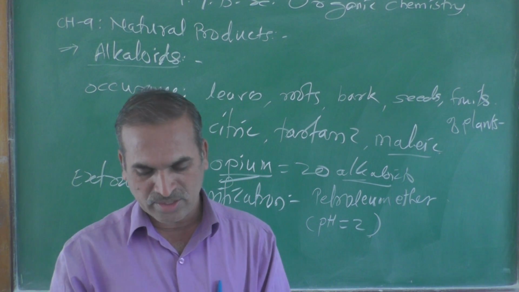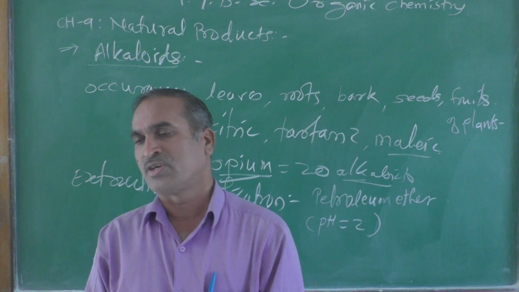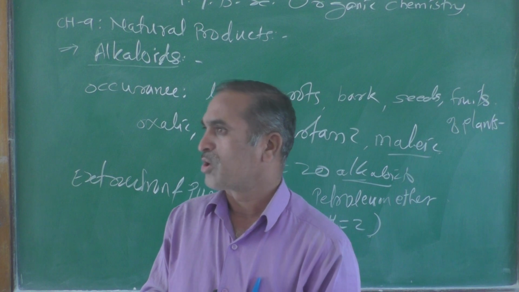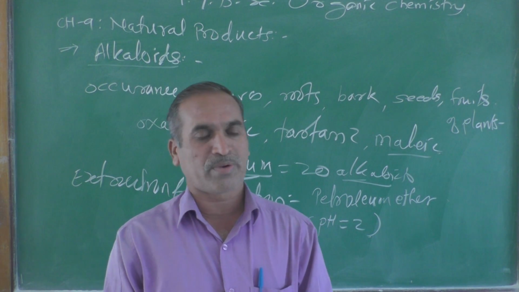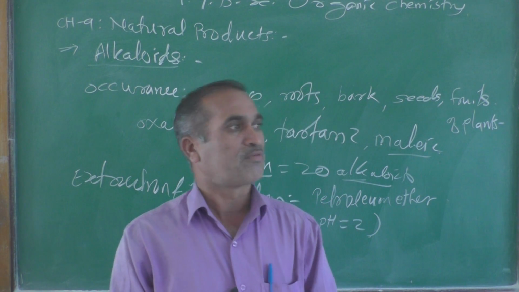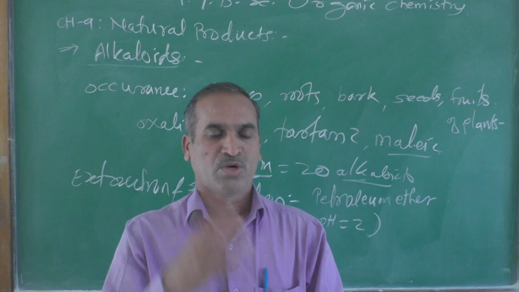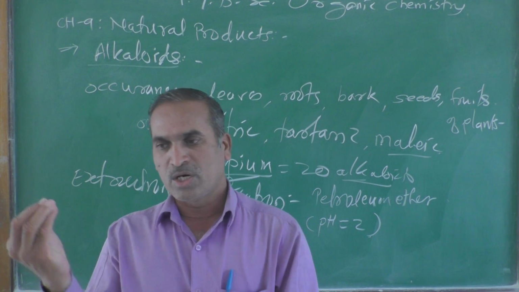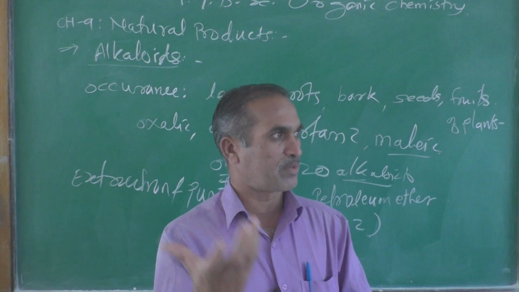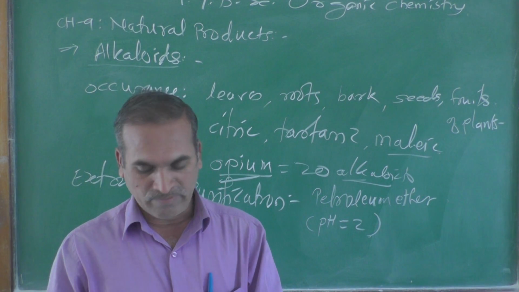that contains a mixture of the alkaloids. By using various techniques like fractional distillation, steam distillation or chromatography, such as thin layer chromatography, column chromatography, or HPLC, high performance liquid chromatography, we can derive the pure alkaloid, and it is used for different purposes, for the benefit of mankind and living organisms.